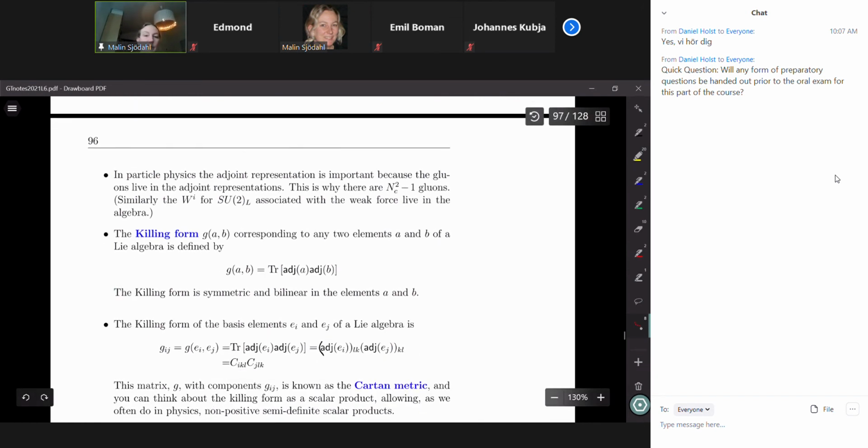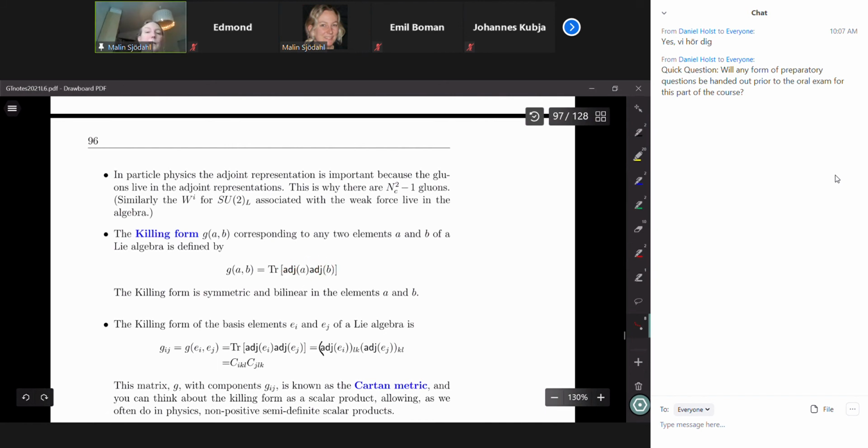Then we will define the killing form, and I think of this as a metric. So the killing form of two elements A and B in the algebra is defined as the trace of their product.